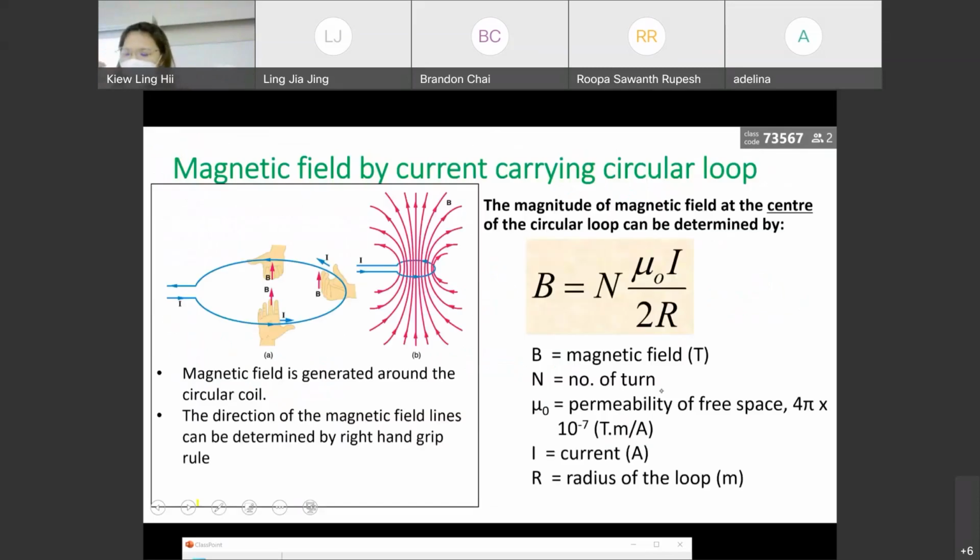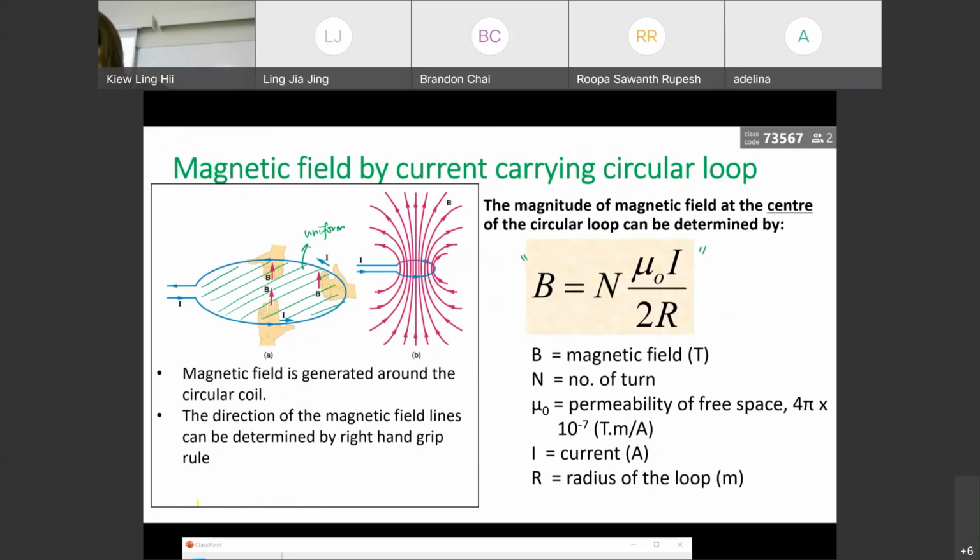A circular loop is when you coil your wire and make it into a circle. For a circular loop, the magnetic field at the center here is uniform. And it can be found by this formula, N mu naught I over 2R.